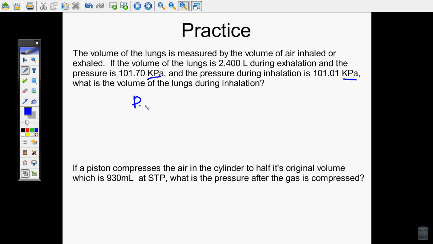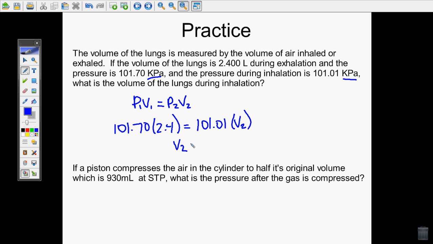So our equation is P1 times V1 equals P2 times V2, or initial and final. So our initial pressure was 101.7 times our initial volume, which was 2.4, equals our final pressure times our final volume, which we don't know. I'll plug it into the calculator algebra, and you get 2.41 liters.